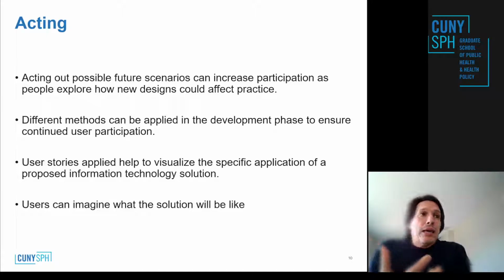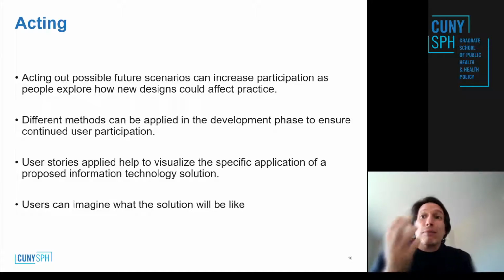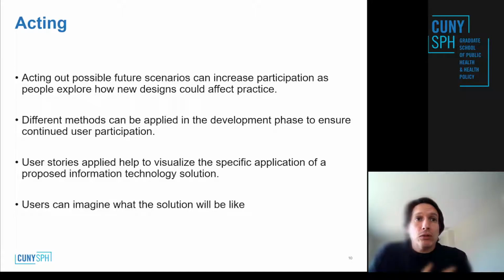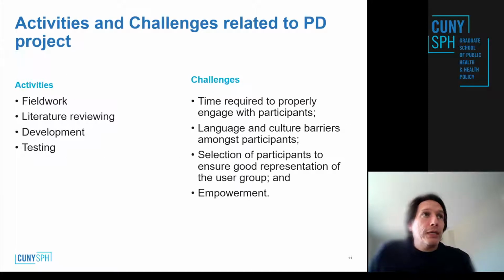Then there are different methods that we can use in this phase to guarantee that the participants are going to be active. We can have user stories, for example, to help visualize a specific application of a proposed information technology solution, or users can imagine what the solutions could be and then play roles there.